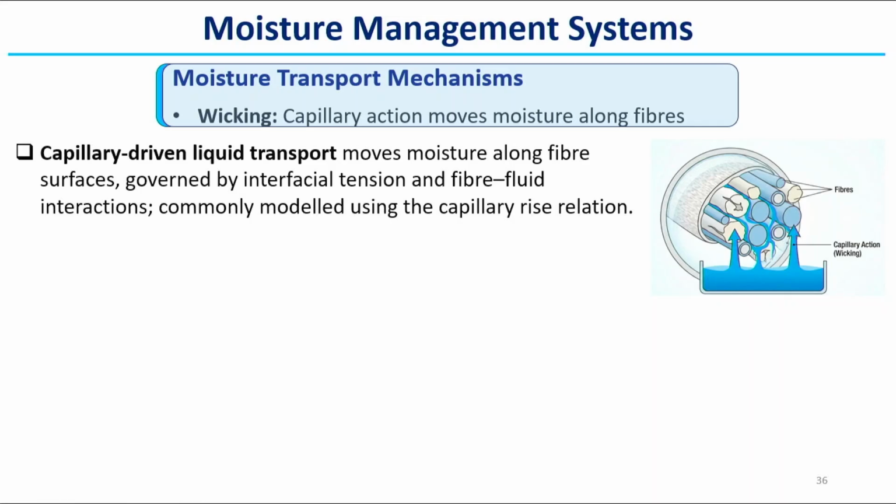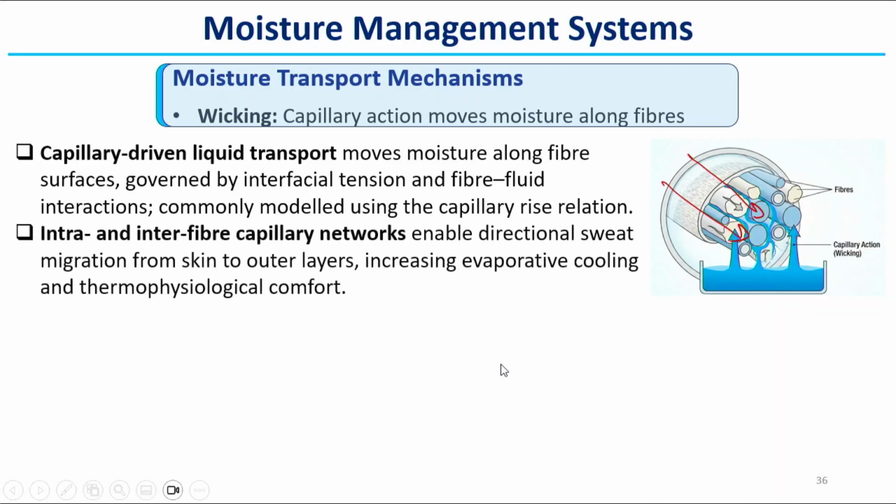Moisture transport in the wicking condition is liquid moisture transmission, driven by capillary force. The capillary network is basically intrafiber and interfiber capillary networks, which enable direct sweat migration from the skin to the outer layer.